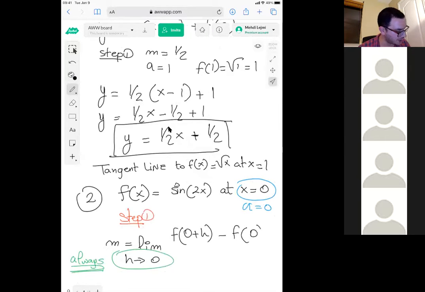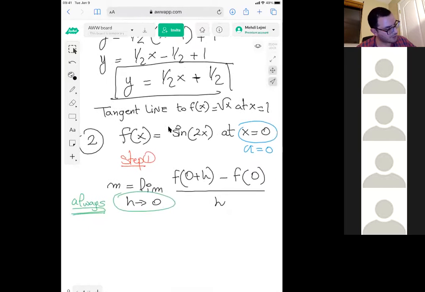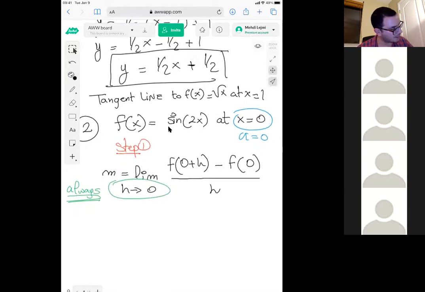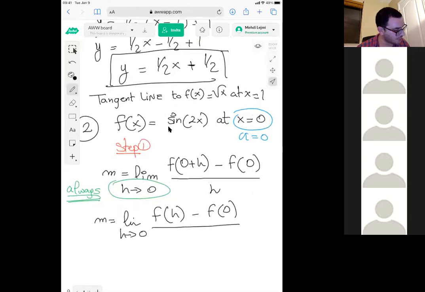My a is 0, so it's f of 0, over h. So m would be the limit as h goes to 0 of f of h minus f of 0 over h, right?